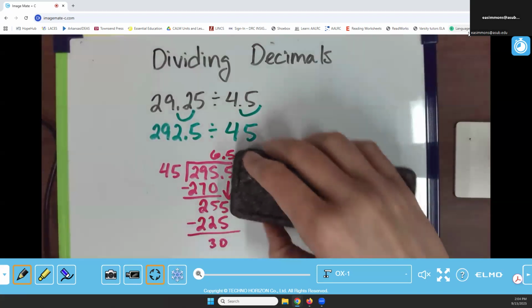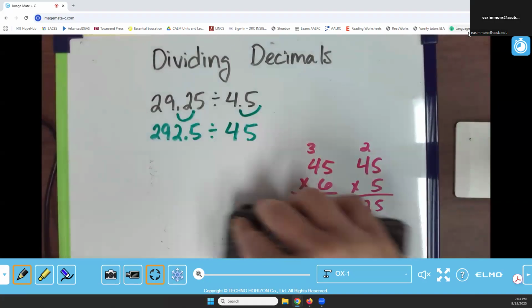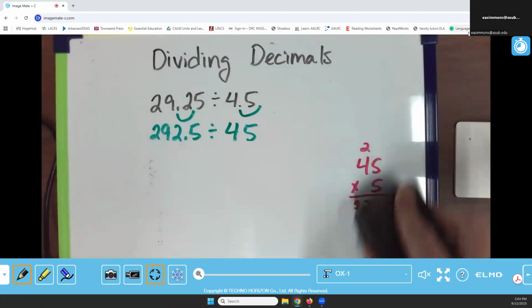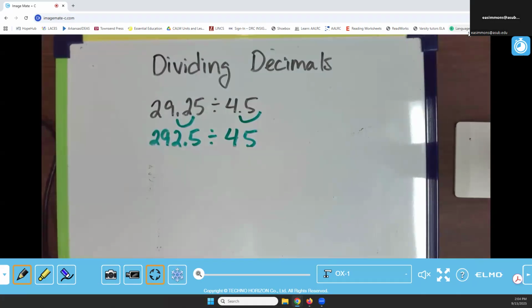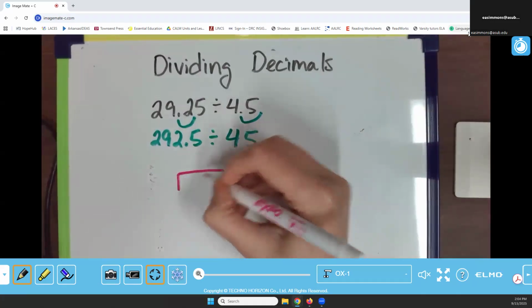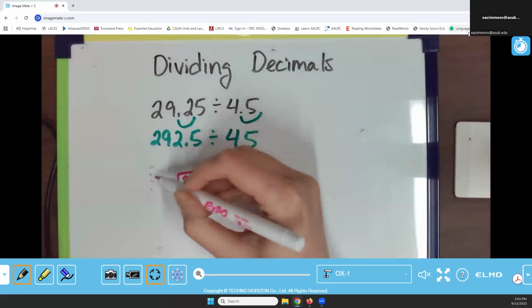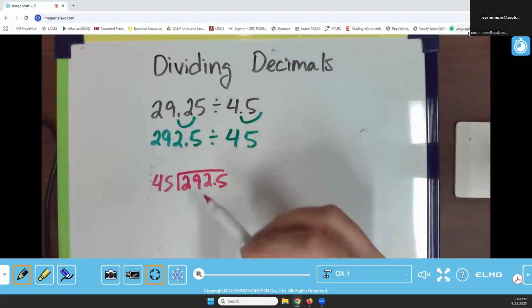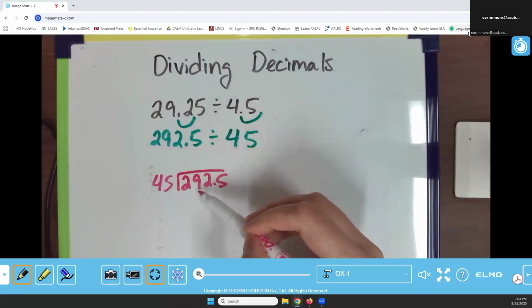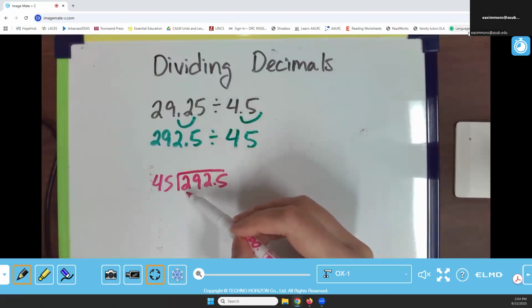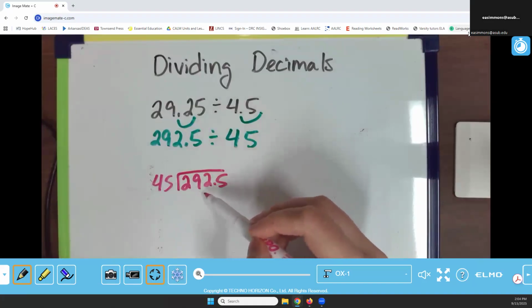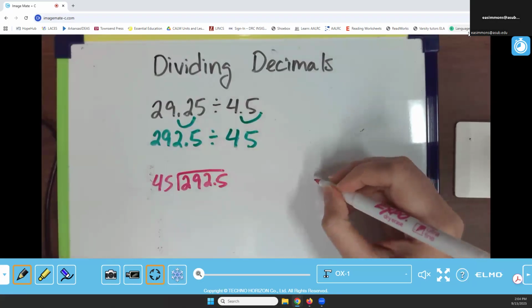And I'll do the actual problem real quick. So 292.5 divided by 45. 45 doesn't go into 2, doesn't go into 29, but it does go into 292.